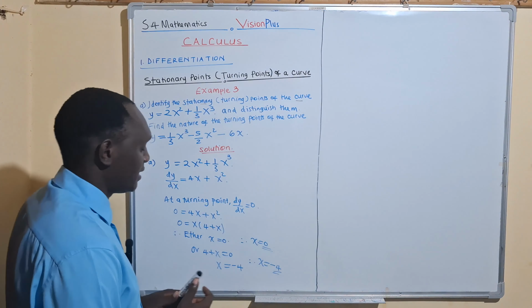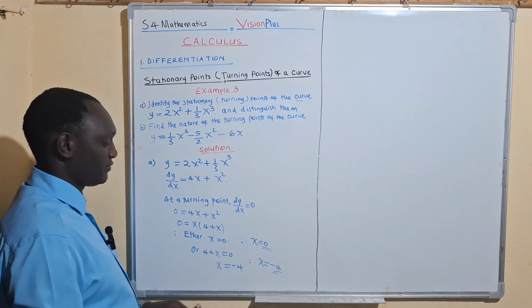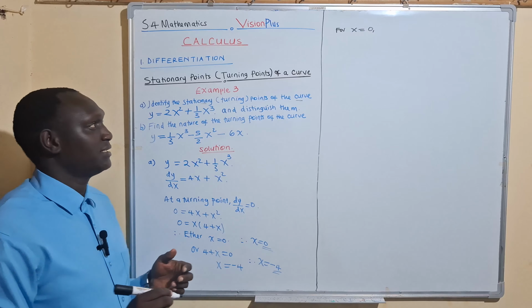This means that we need to also get the corresponding values of y. So for x is 0, at one turning point, what is the corresponding value of y? Because a turning point is a coordinate.